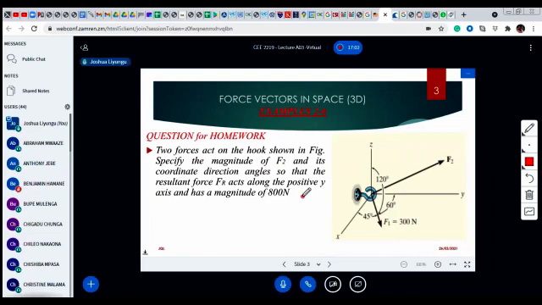Now, how do we determine the coordinate direction angles? You can remember our equation, which is cos alpha 2 is equal to the F component in x over the magnitude of F2.